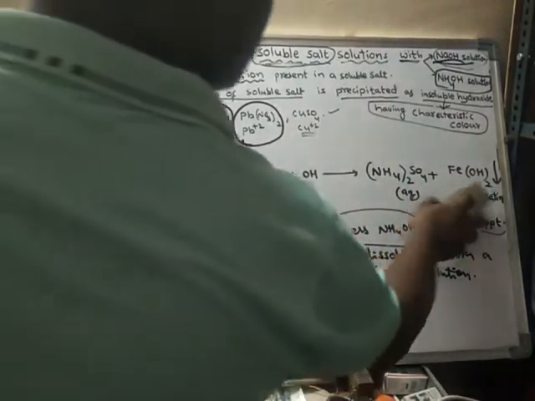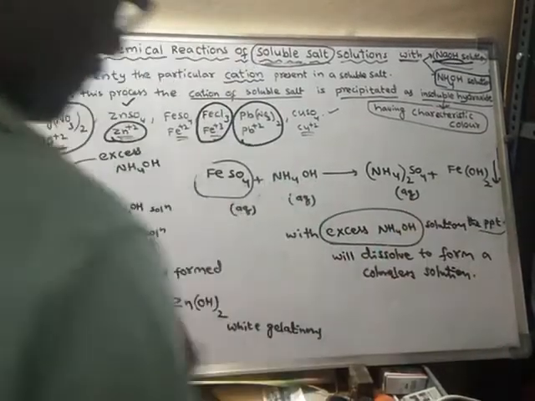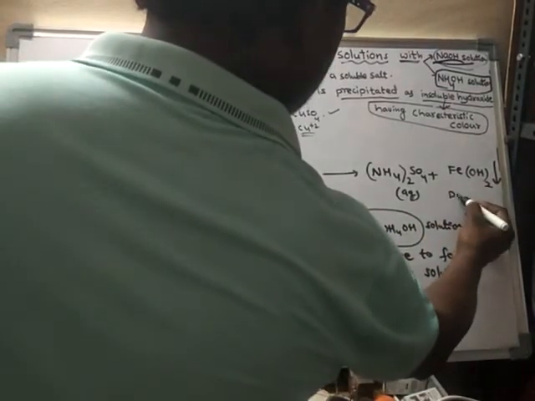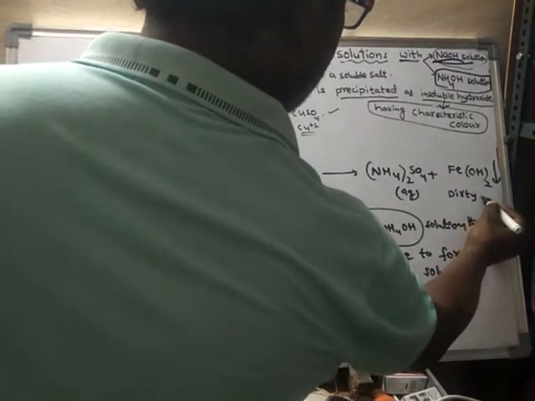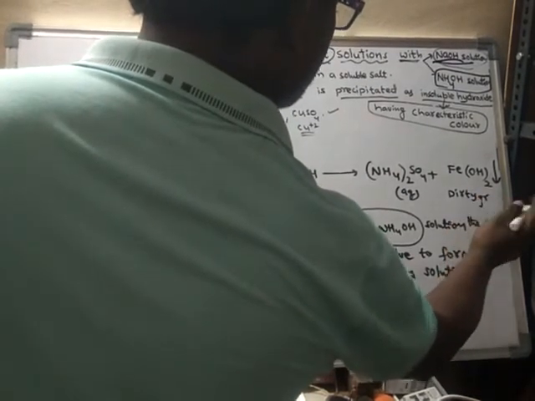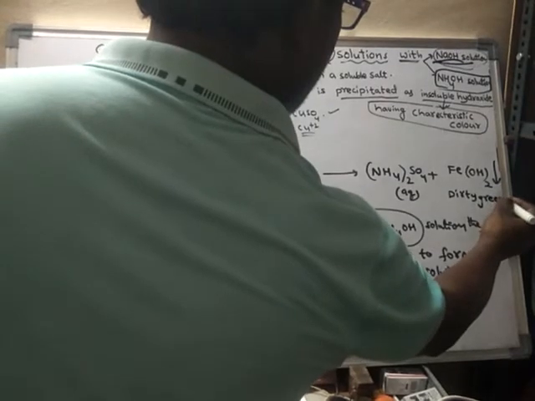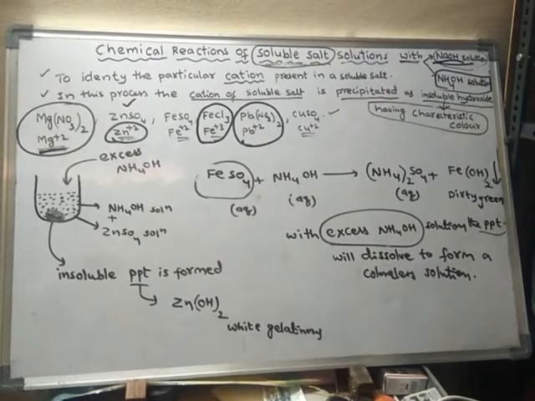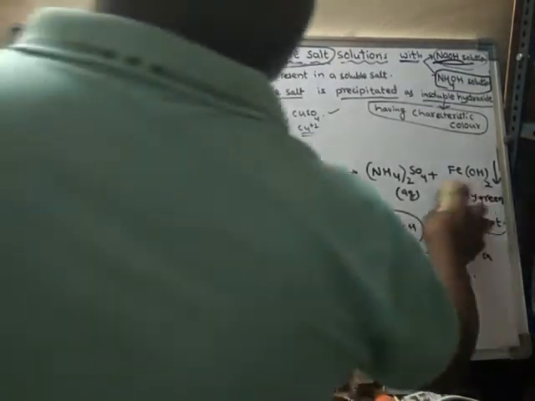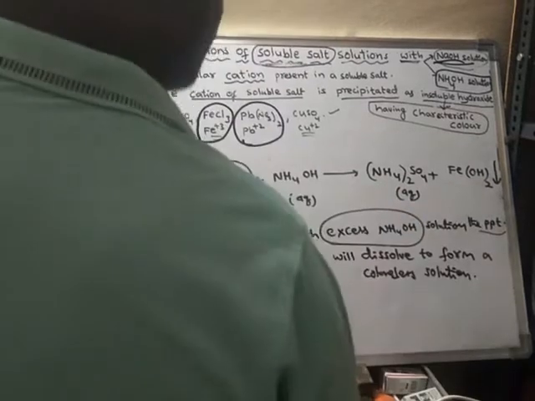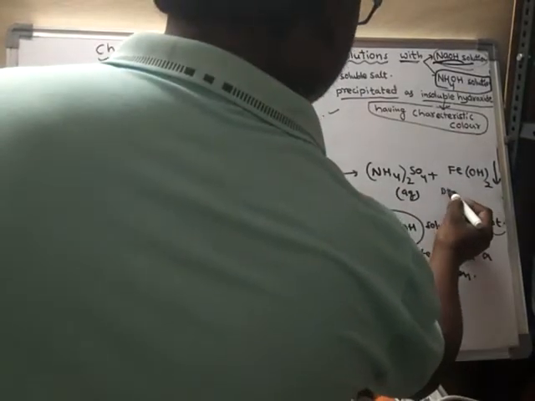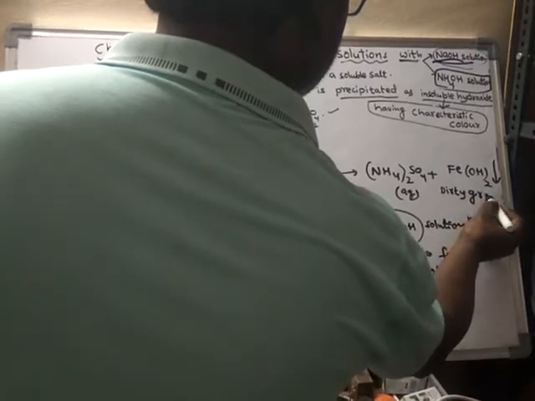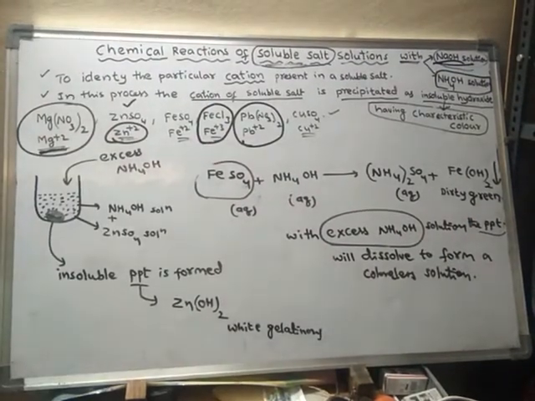The color of this ferrous hydroxide we have already seen, it's a dirty green precipitate.